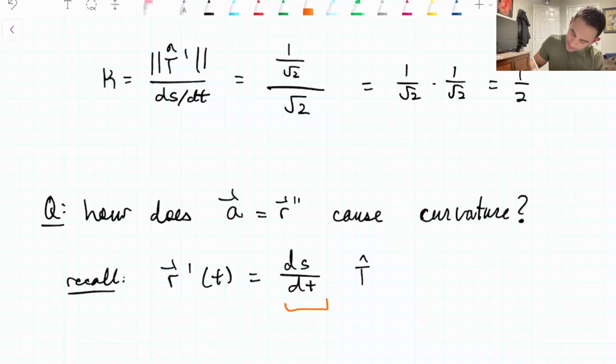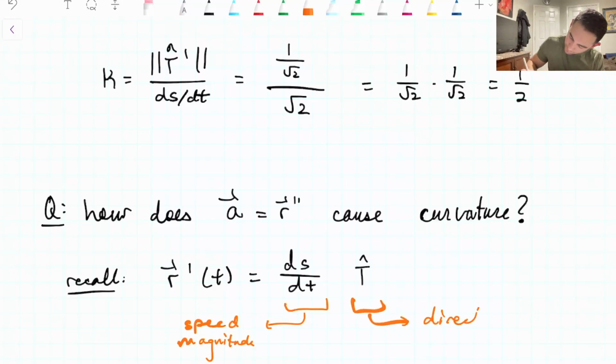So the magnitude of the vector is the speed. And t hat is the direction. And if acceleration is the rate of change of your velocity, then acceleration can cause your velocity to change in two ways. It can cause the magnitude of your velocity to change. It can cause you to speed up. Or it can cause the direction of your velocity to change. It can cause you to curve.